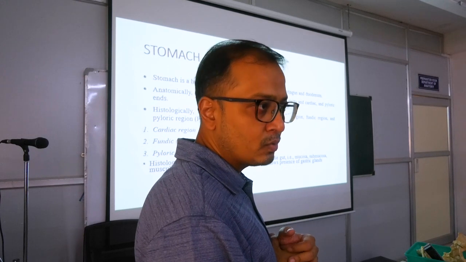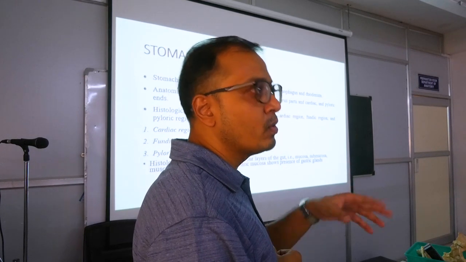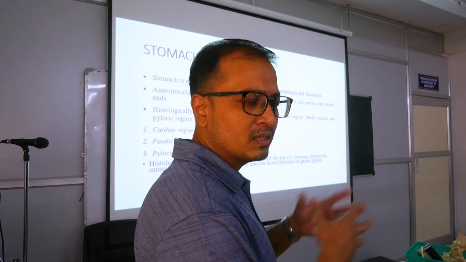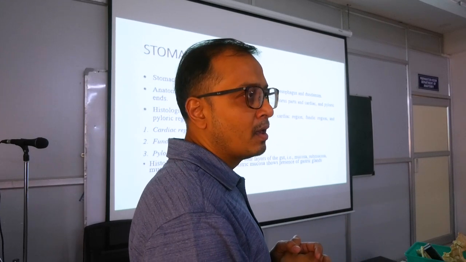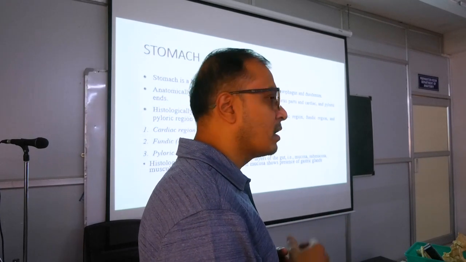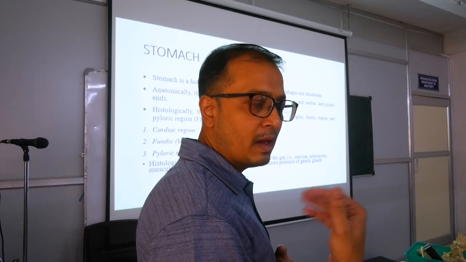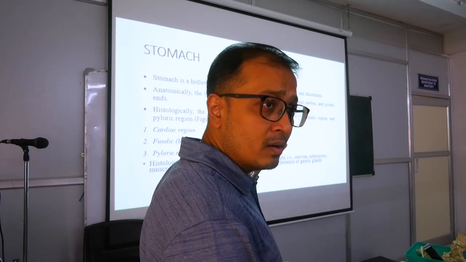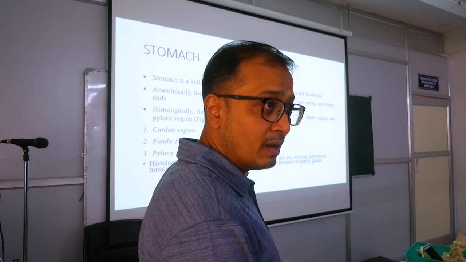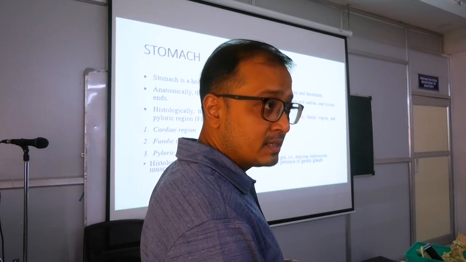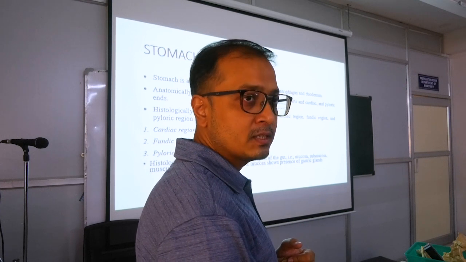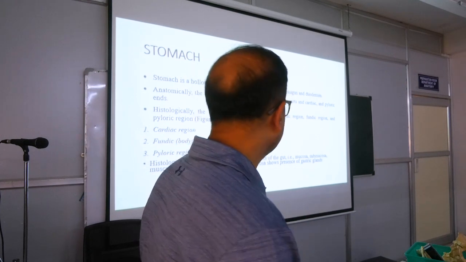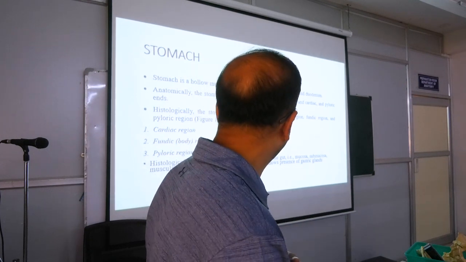We call them inner circular, outer longitudinal, 2 layers. Here we have an additional layer, which is oblique. And most outside is the peritoneum covering, serosa, which has lining cells covering. And the functions of the organ, which is part of the digestive system, help in digesting some of the elements; protein digestion begins at this particular point.